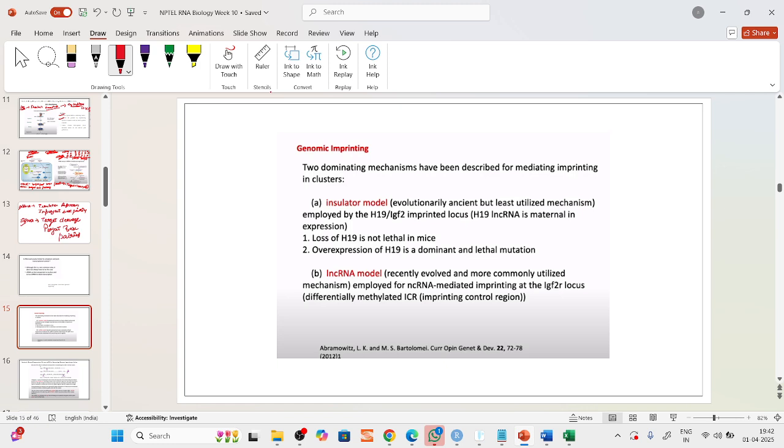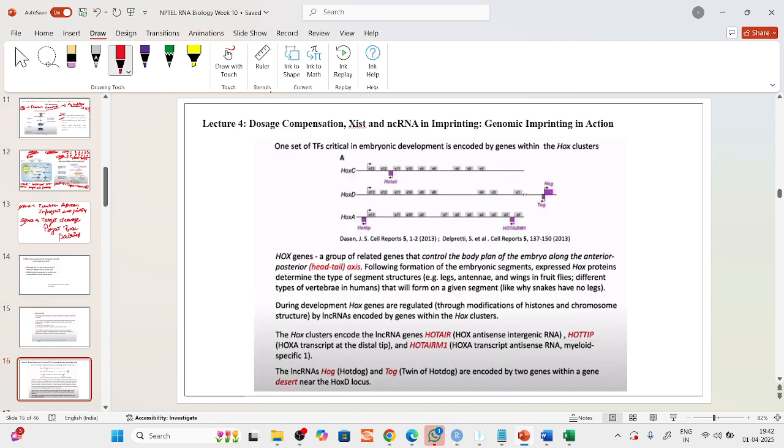And the insulator model is the older model, and the lncRNA model is a newer model, which is more commonly used. That much only you have to remember.